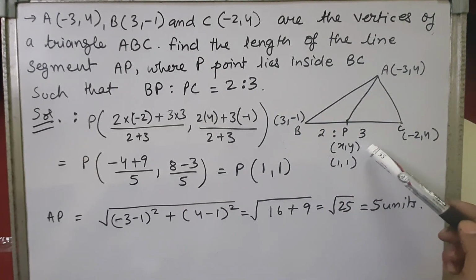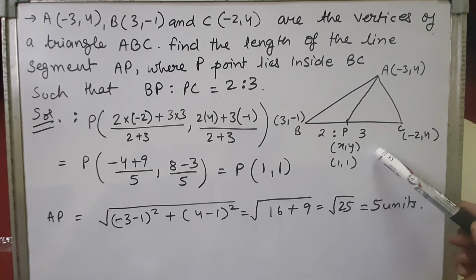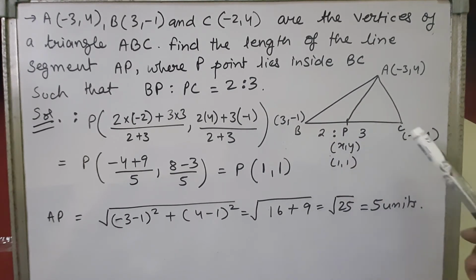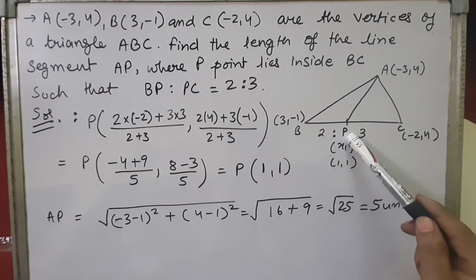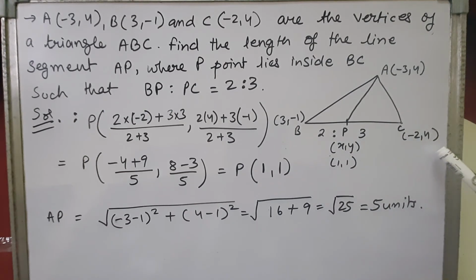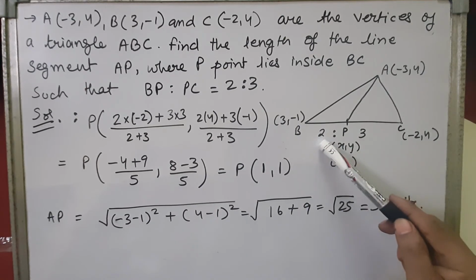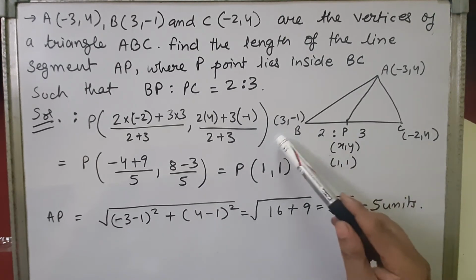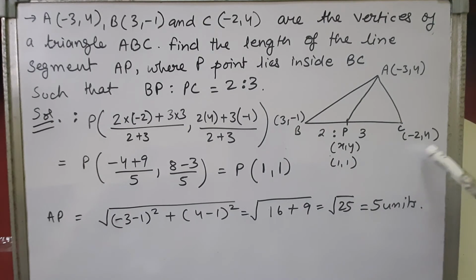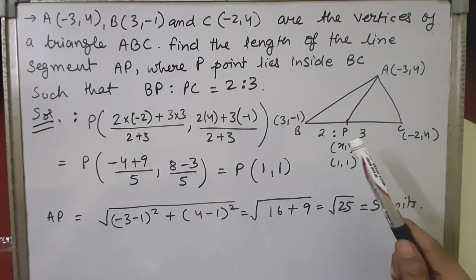Let the coordinates of P be (x, y). Now you can see here in line BC, P is dividing BC in the ratio 2:3, so we can apply the section formula to find the coordinates of P. Okay, so M1 is 2, M2 is 3, x1, y1 is (3, -1) and x2, y2 is (-2, 4). So when we apply the formula, what will we get?